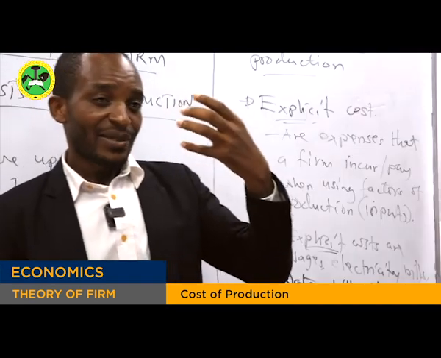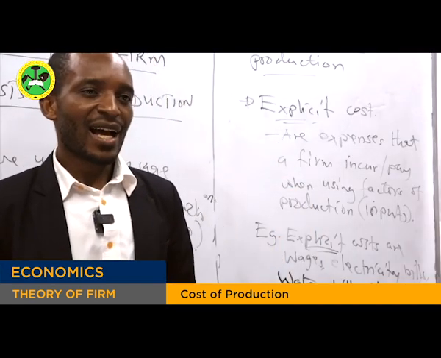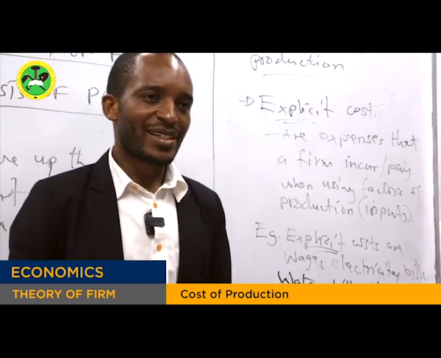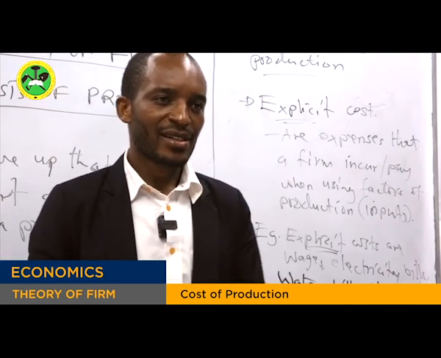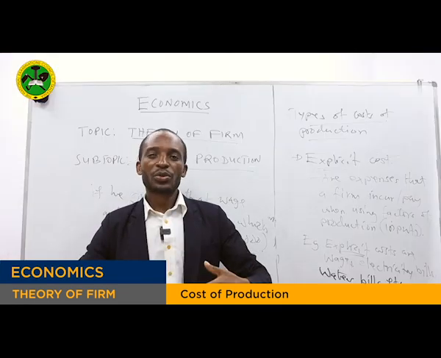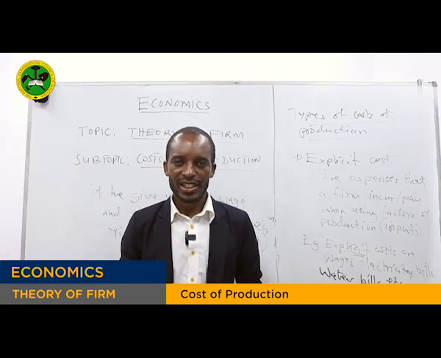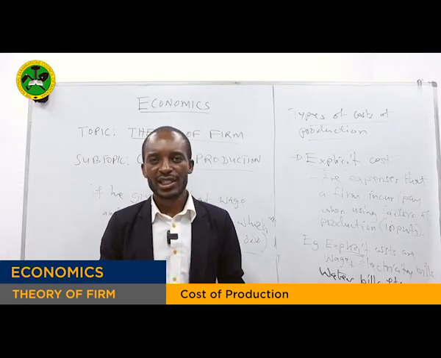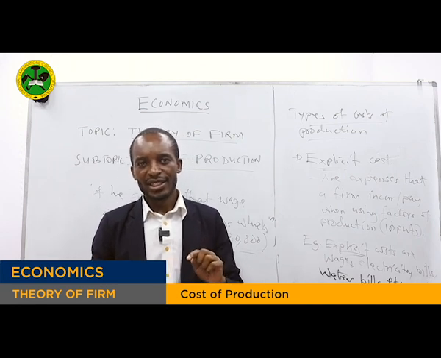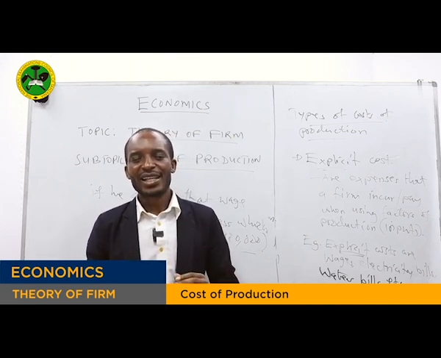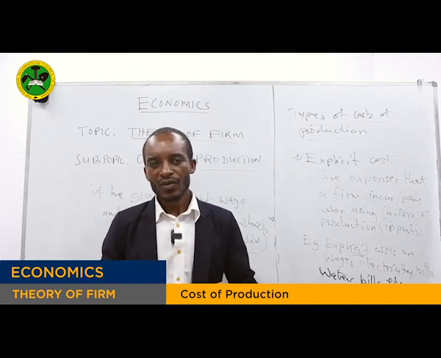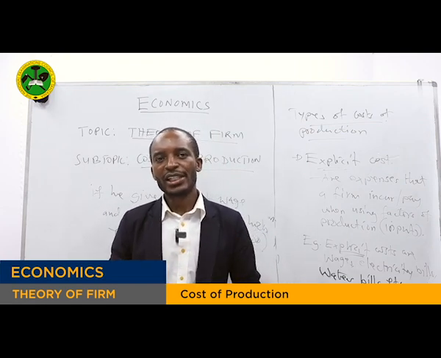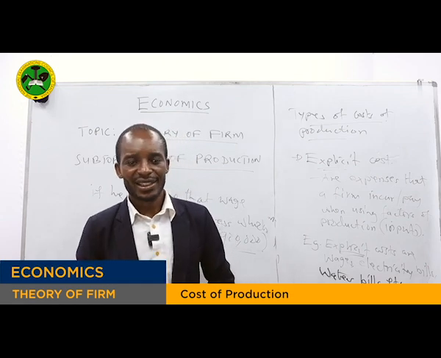Explicit costs are actual payments or actual money that a firm or a businessman pays due to the use of factors of production, while implicit costs are the benefits that a firm gives up or ignores in order to conduct other activities.